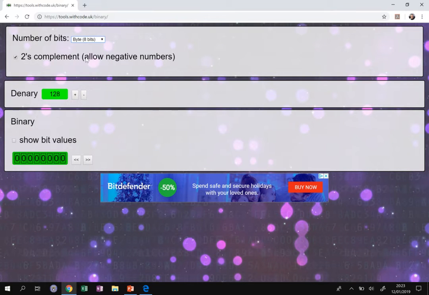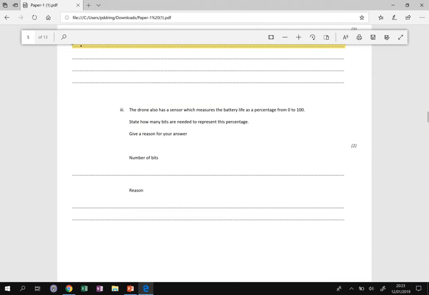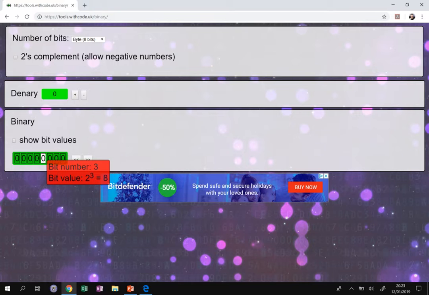We go back to just 8 bits, just positive numbers because this is a percentage, as in it doesn't go below 0. If we just have 4 bits, the maximum number that 4 bits can store is 15, or 2 to the power 4, 16 minus 1.